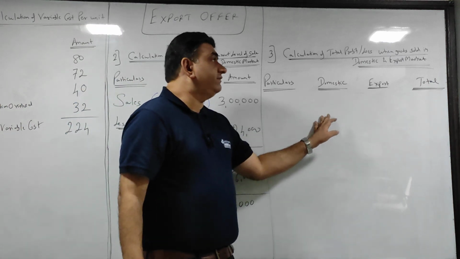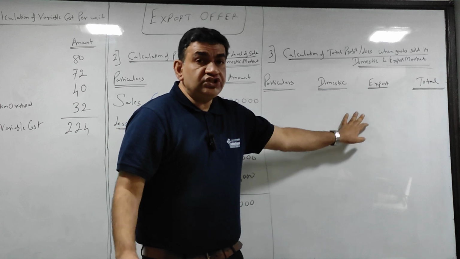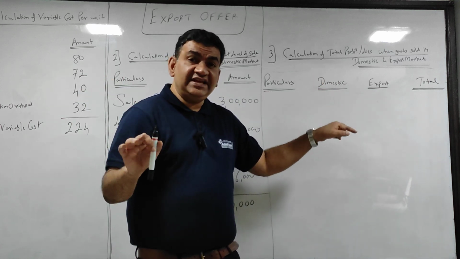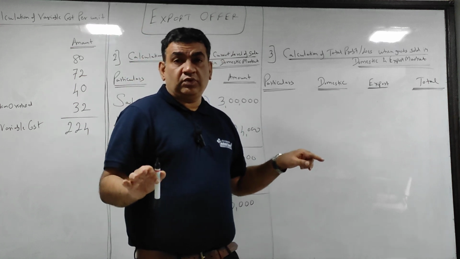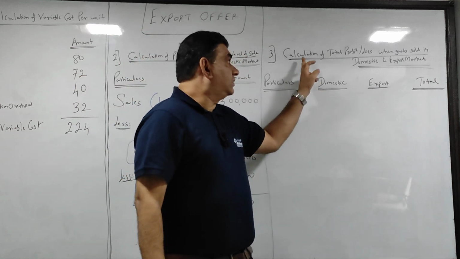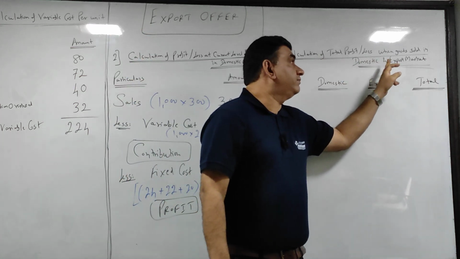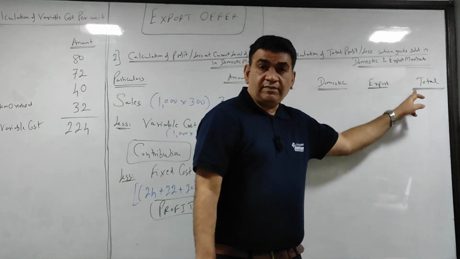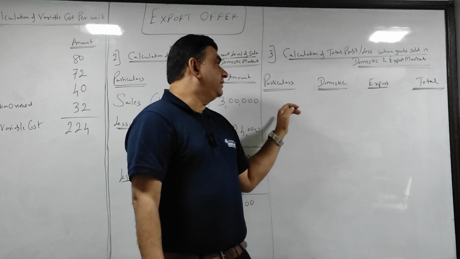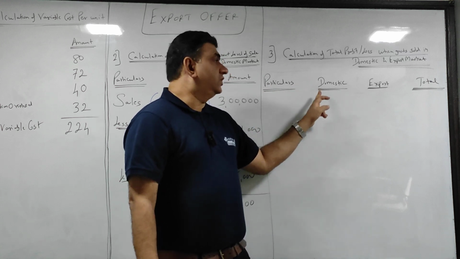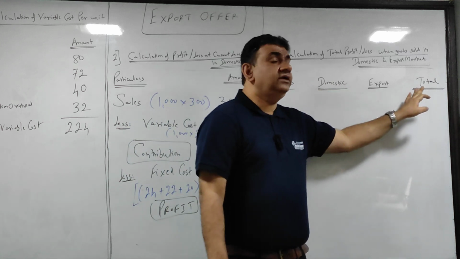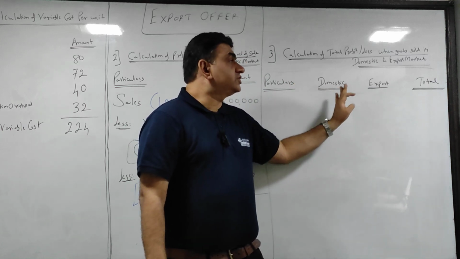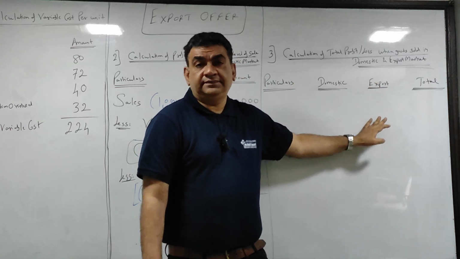Now here what I have done is calculation of profit loss when the goods are sold in domestic as well as export. So here my heading will be calculation of total profit loss when goods are sold in domestic as well as export market. Headings will be particulars, domestic, export and total.